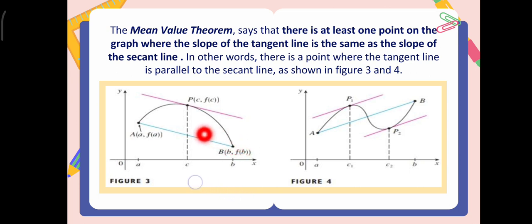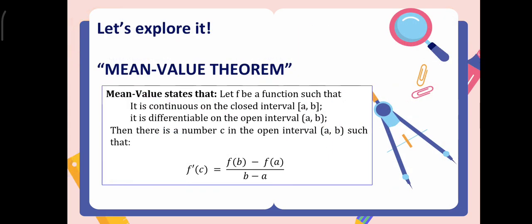So how are we going to find that tangent line? The mean value theorem tells us: let f be a function such that it is continuous on the closed interval a, b, just like Rolle's theorem, and it is also differentiable on the open interval a, b.